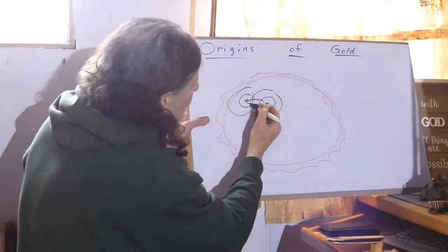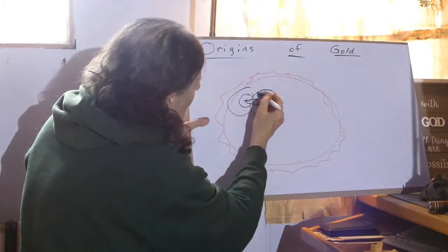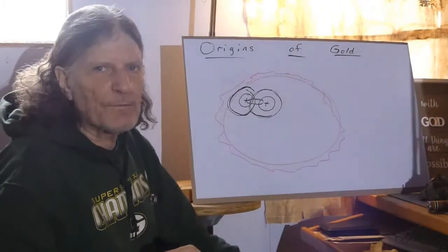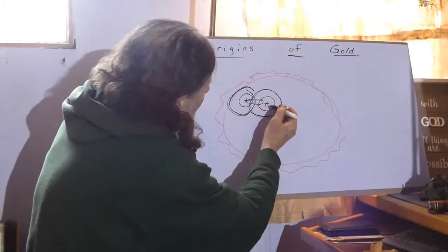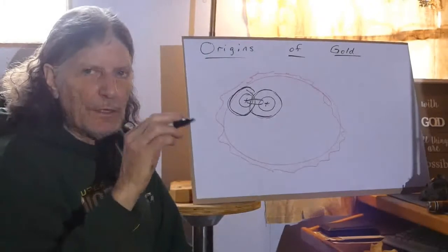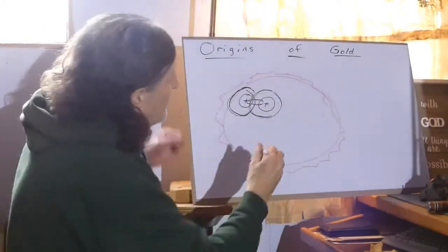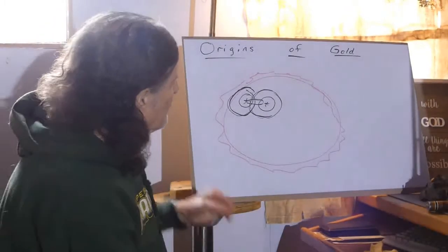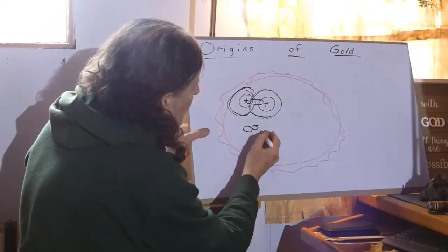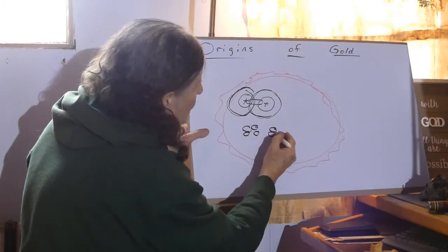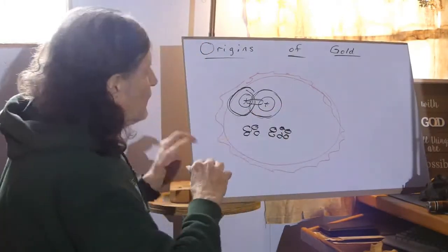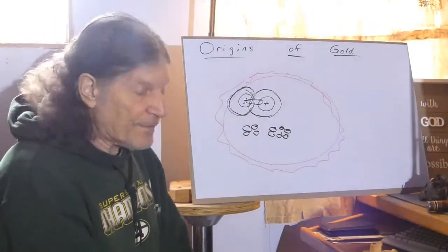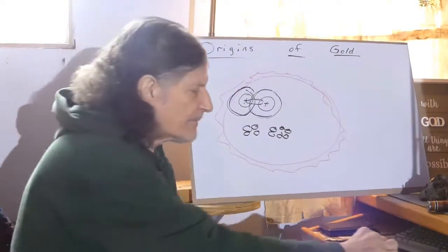Normally you can't get them to fuse together because your electron shells protect the protons from being forced together. But if you force them together under heat and pressure, they create a new atom with 2 protons in it. The same is true, you can go to 4 protons, you can go to 6 protons, so you keep going up higher and higher in what they call atomic number. That's going on in the sun.